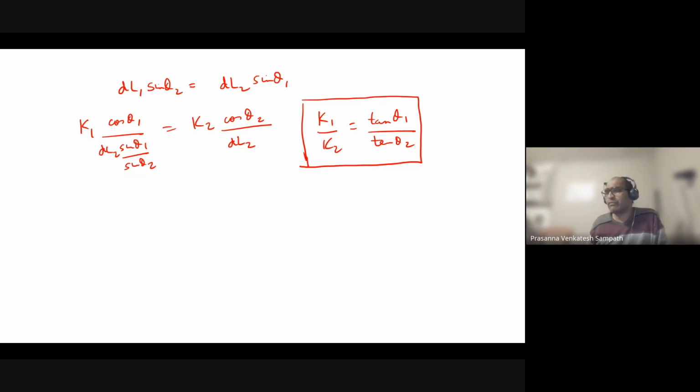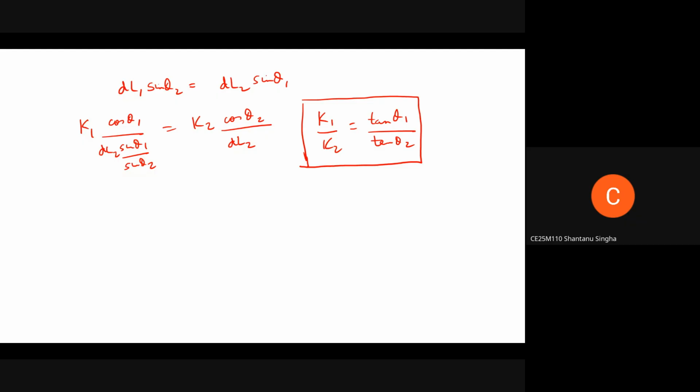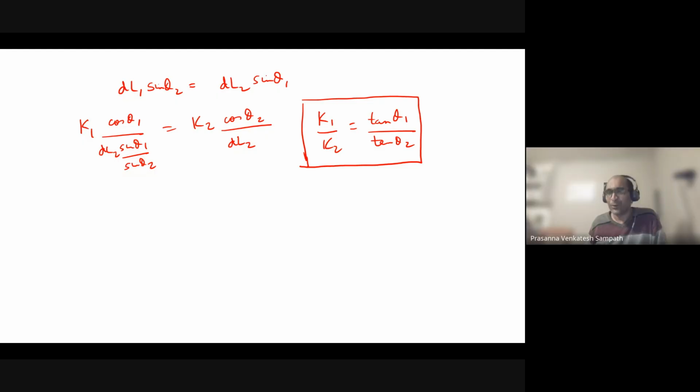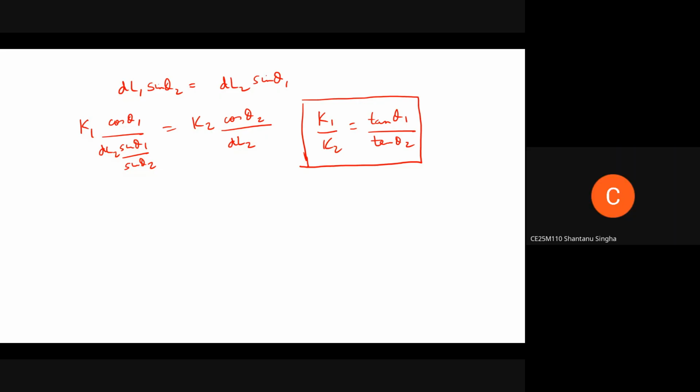This is probably very similar to what you might have studied in soil mechanics. No, I'm talking about the principle. It's similar to refraction of light from one medium to another medium, where the angle is changed.